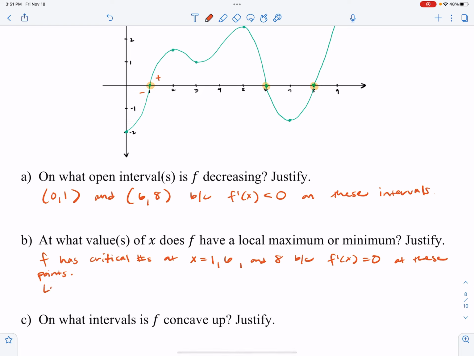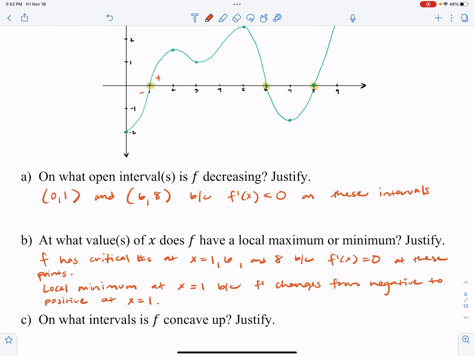So we can say there is a local minimum at x equals 1 because f prime changes from negative to positive.